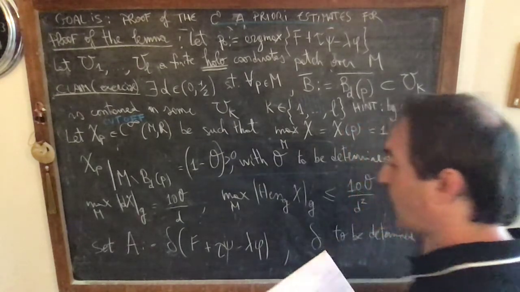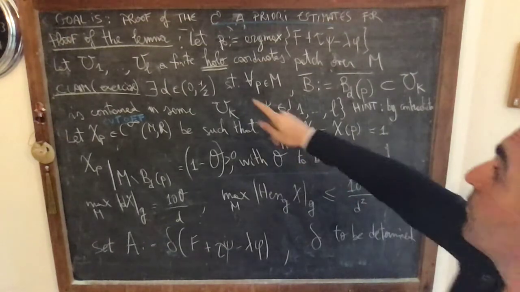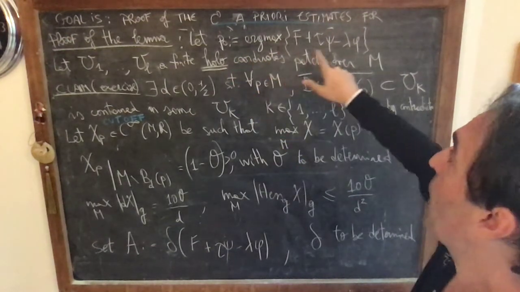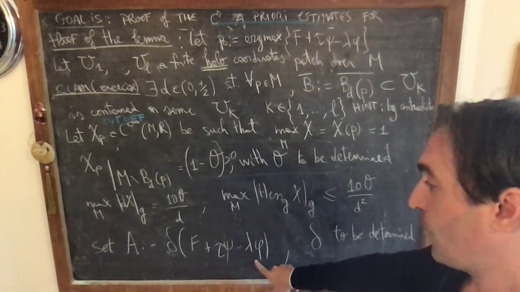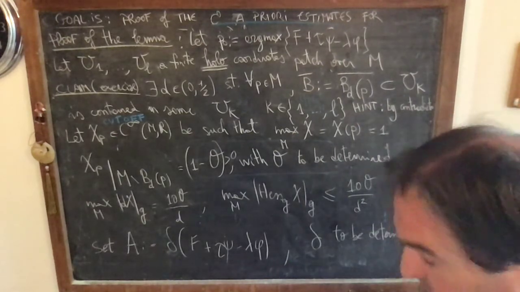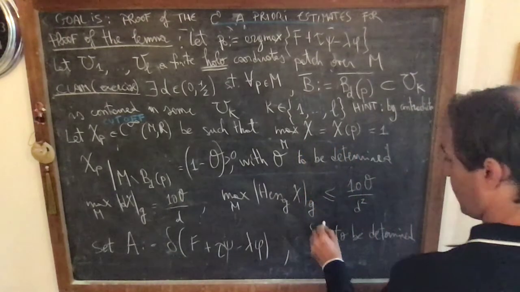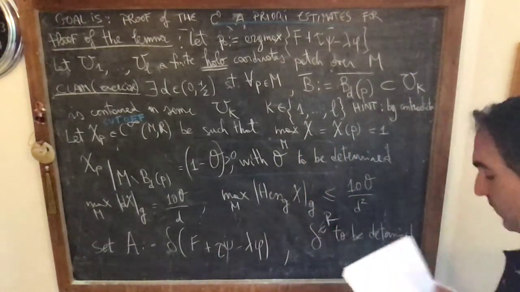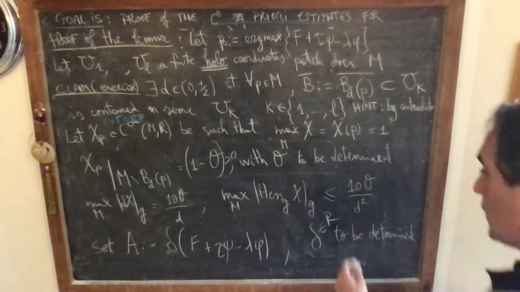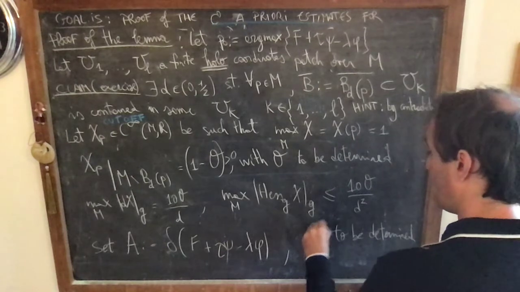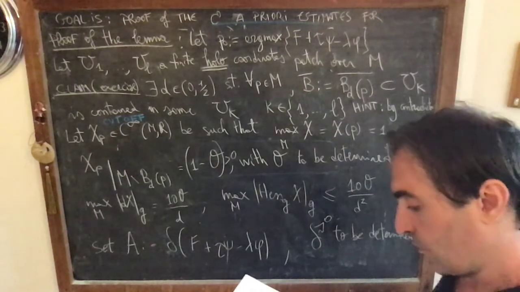And notice that P0 was the maximum argument for this function, it's also the maximum argument for capital A, because delta is a positive constant.